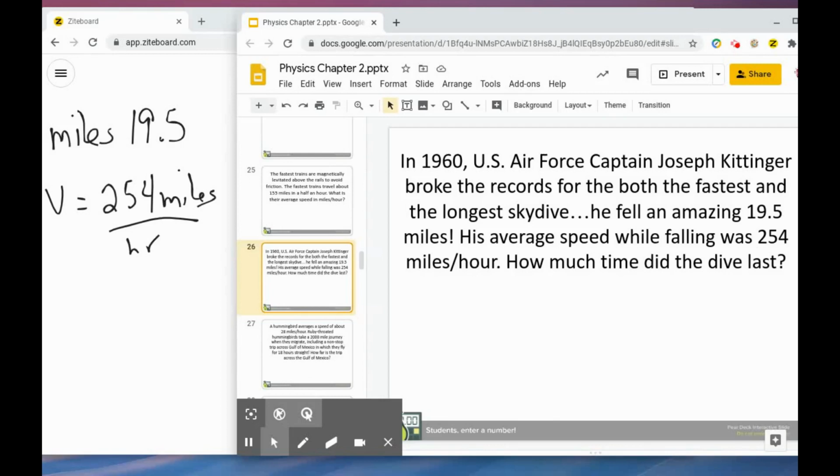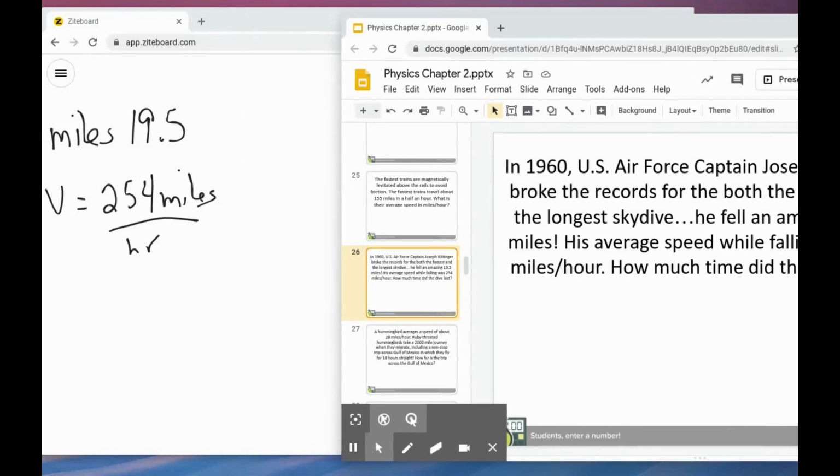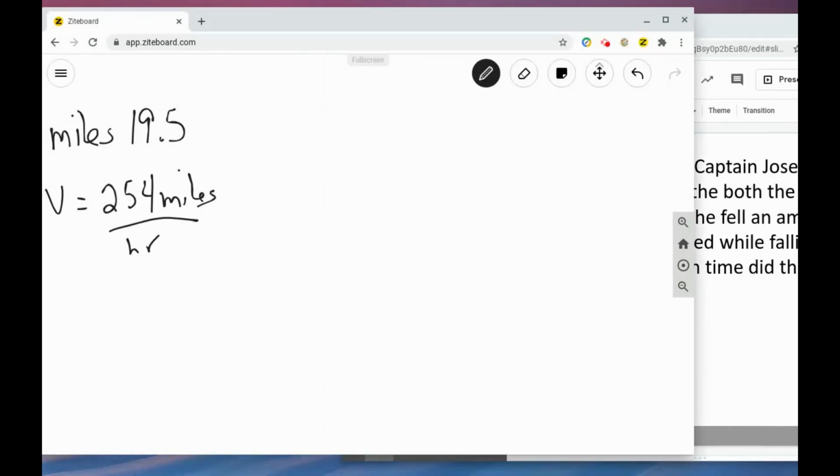We want to know how much time did the dive last. So if our velocity is 254 miles per hour and our displacement was 19.5 miles, then we are looking for our time. So 19.5 divided by 254.